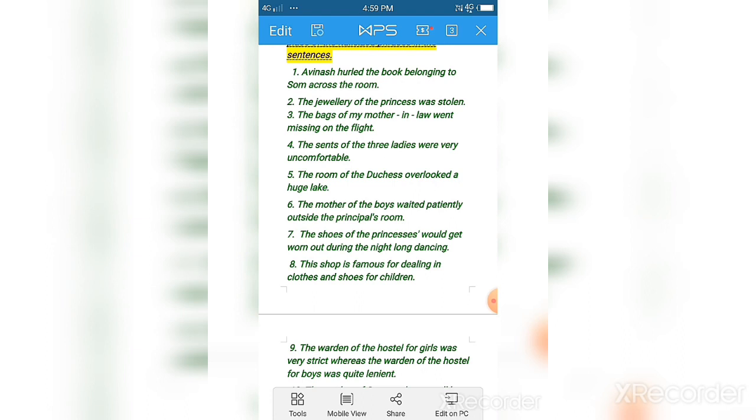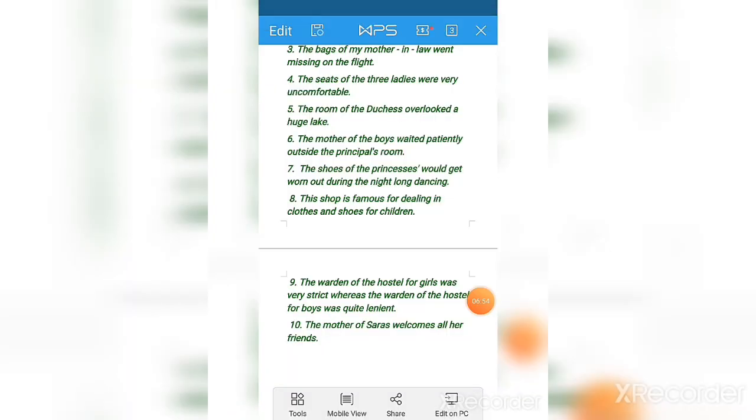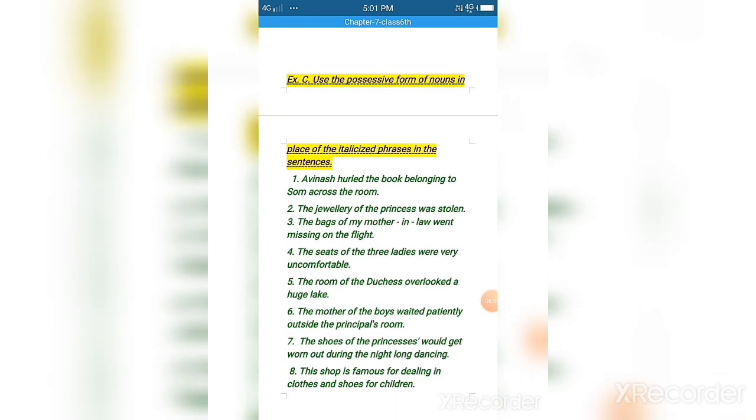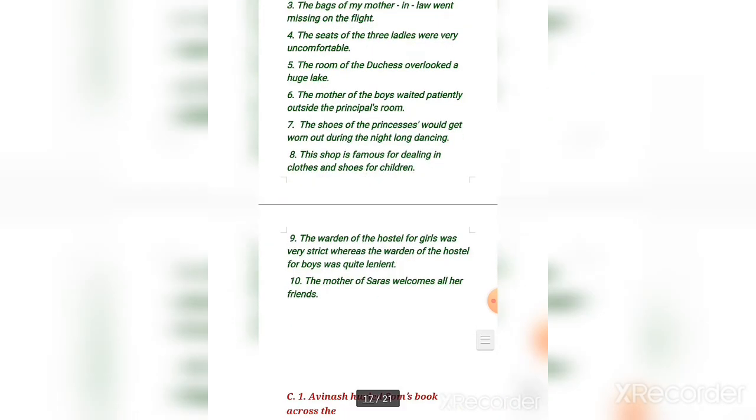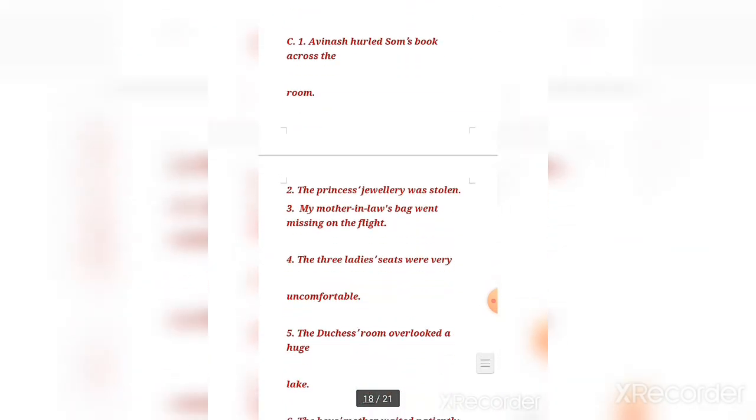Is there some misprint in this exercise? Let me check in the new book. Okay, so now it's clear. Now number 3, the bags of my mother-in-law went missing. Now your answer is my mother-in-law's bags went missing.